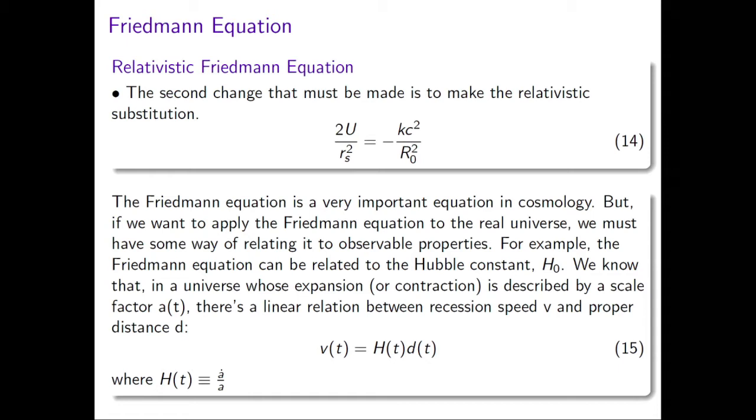Here H is equal to H of t, which is known as the Hubble's parameter, and H naught is the Hubble's constant at the present moment, at which the scale factor is equal to 1. The Hubble's parameter H of t is equivalent to a dot by a.